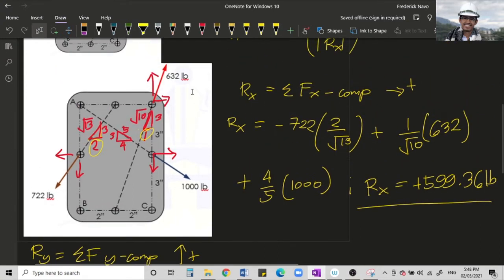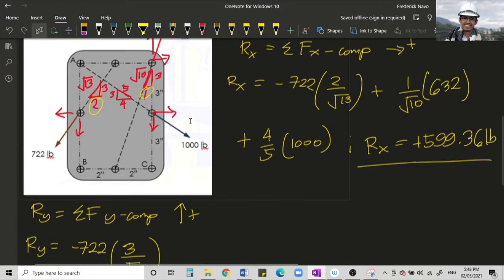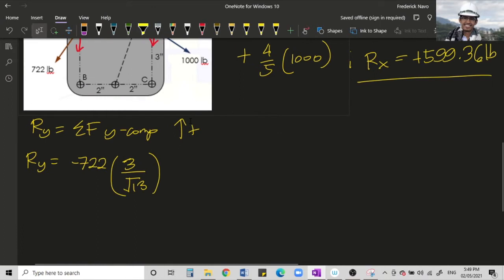And for the 632 pounds, going upward siya, no? So yung gagamitin natin na slope will be 3 over square root of 10. So that is positive going upward. So plus 632 times 3 over square root of 10.